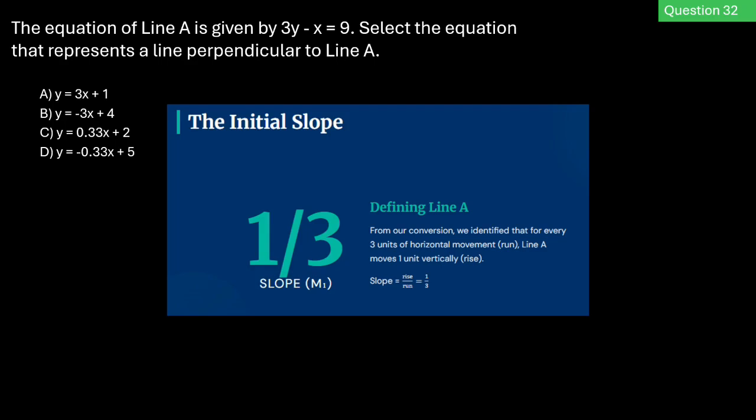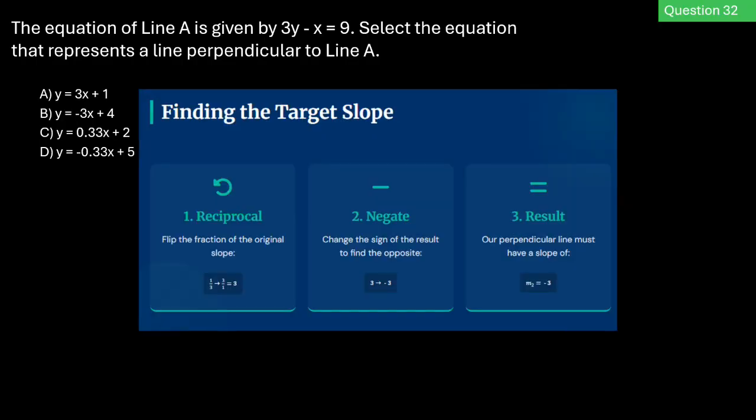Now with our starting slope of 1/3 locked in, let's calculate our target perpendicular slope using our negative reciprocal rule. First, we take the fraction and flip it upside down. That gives us 3/1, or simply 3. Second, we change the sign.